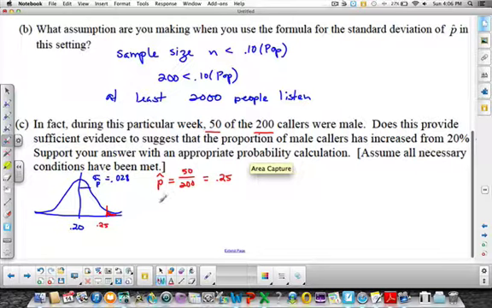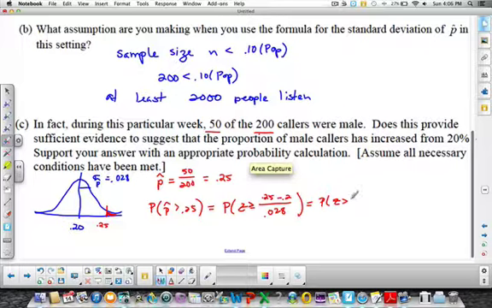So we're going to calculate the probability that we would get a p hat of greater than 0.25, which is equal to the probability that I get a z-score greater than or equal to 0.25 minus 0.2 divided by 0.028. That is the probability that z is greater than 1.79, and that is about 0.0367.